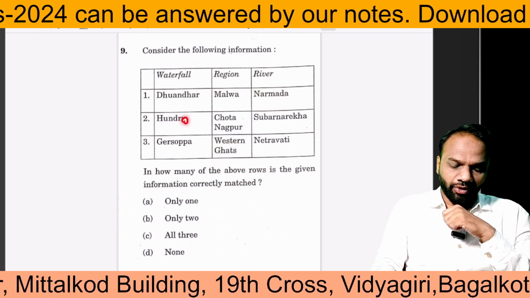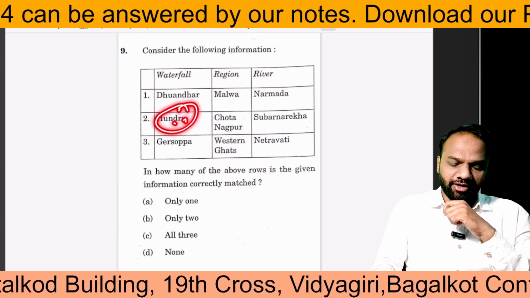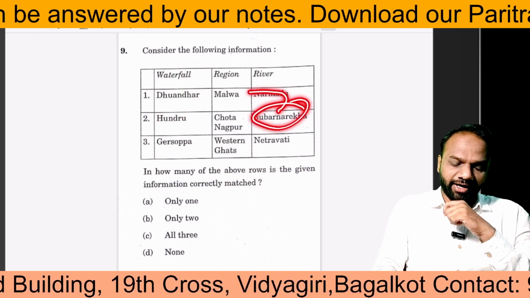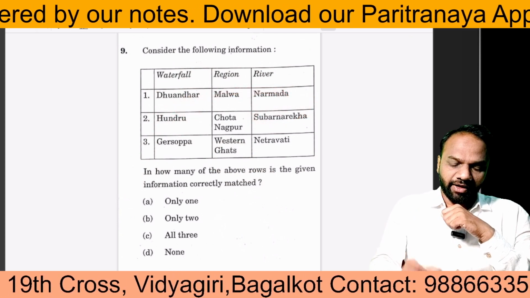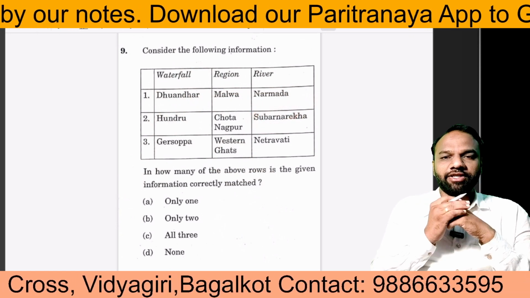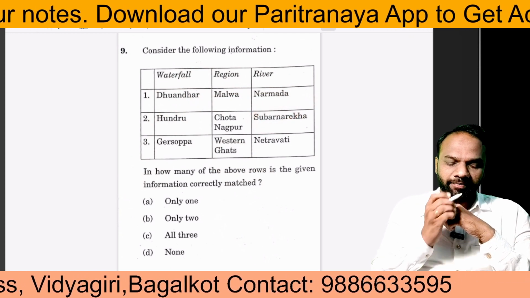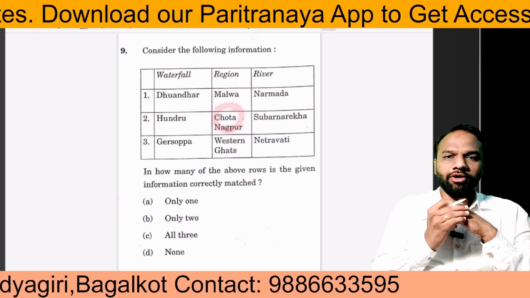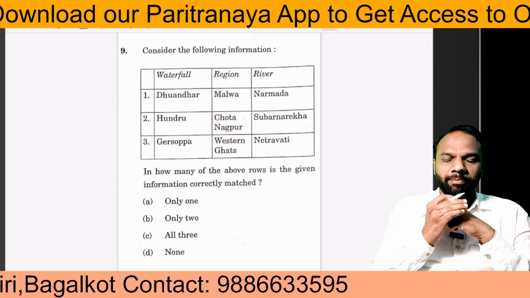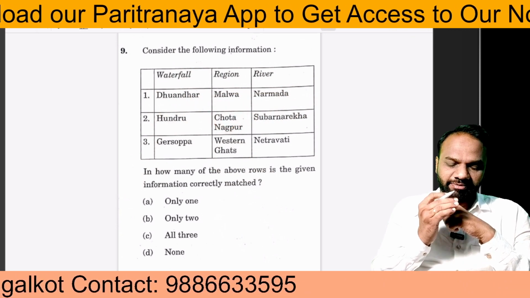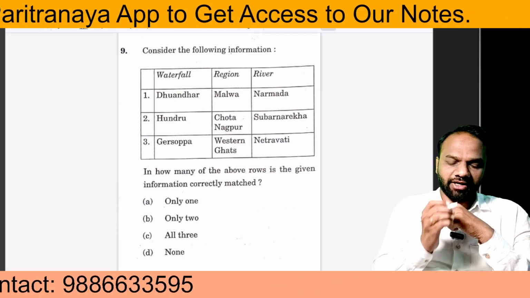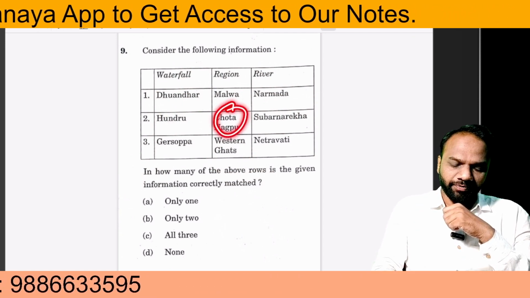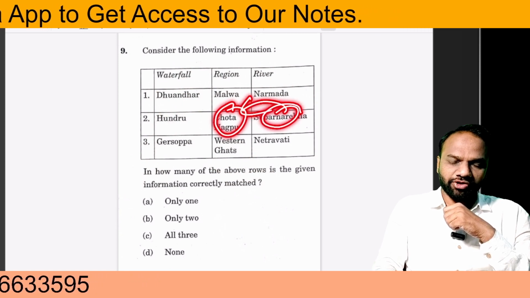Now coming to Kundru, it's present in Jharkhand, and Subarnrekha river leads to Kundru waterfall, that is also correct. And the majority of the region, especially the northern part of Jharkhand, is part of the Chota Nagpur plateau, which is spread across other states as well: Bihar, Jharkhand, Chhattisgarh, West Bengal. Subarnrekha flows through the Chota Nagpur plateau.